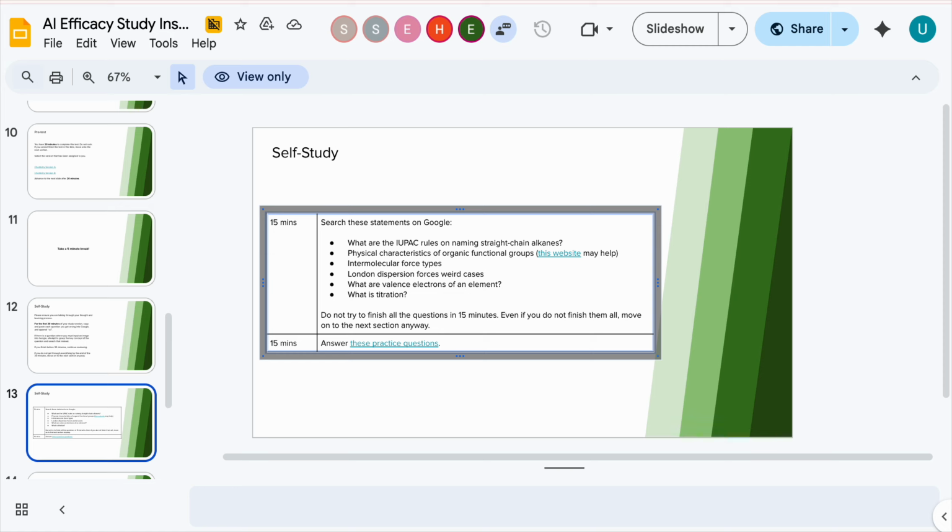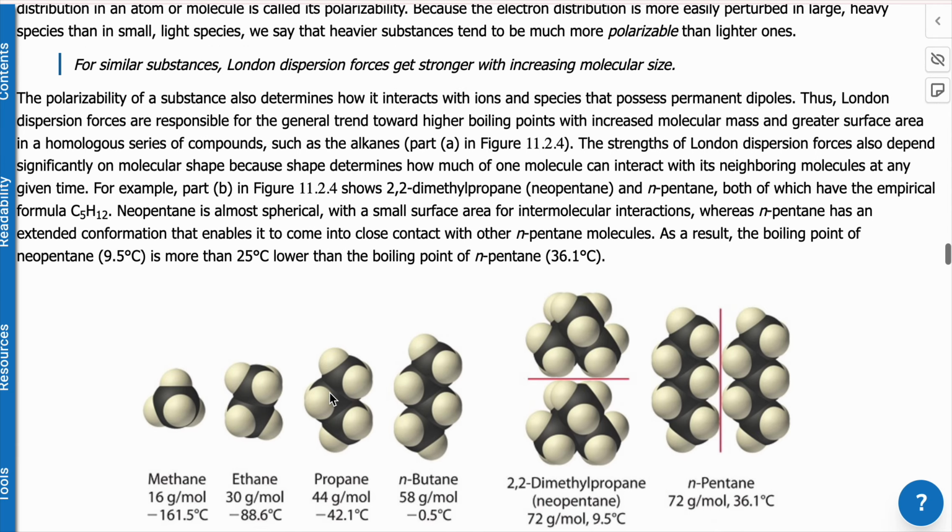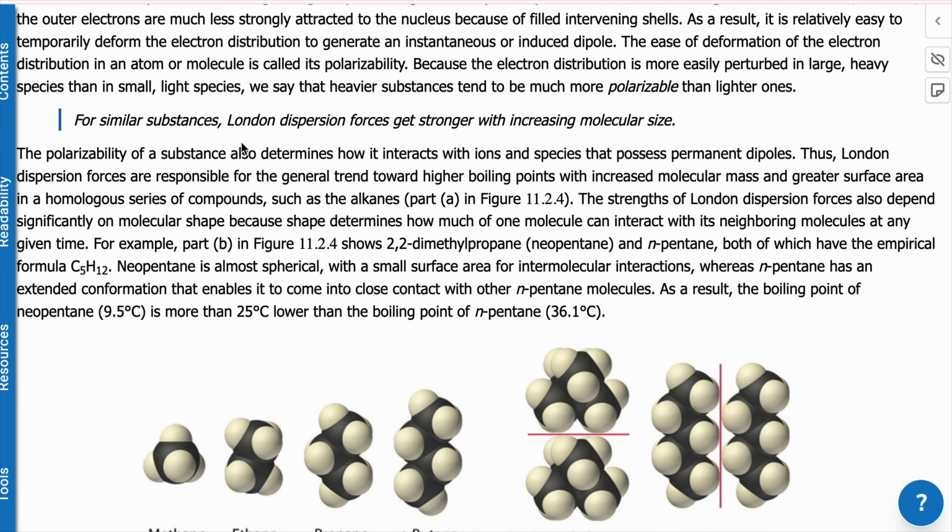Let's move to the next topic. London dispersion forces get stronger with increasing molecular size.